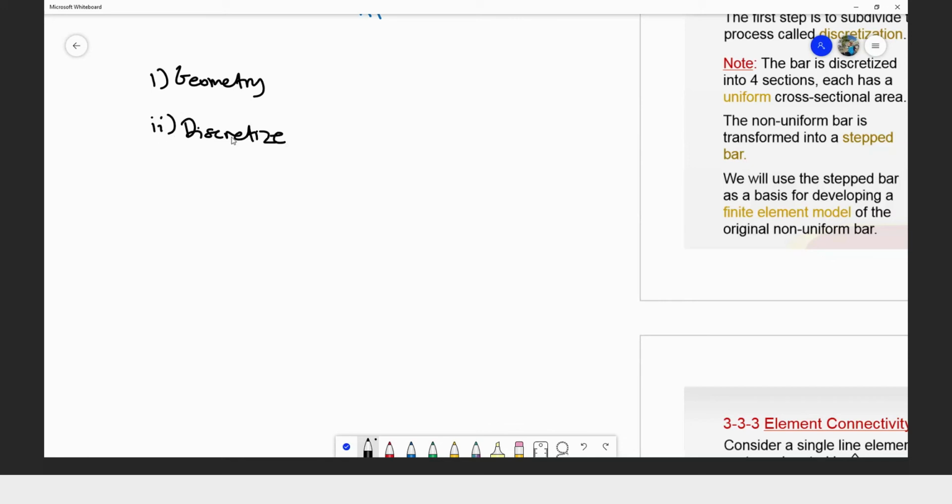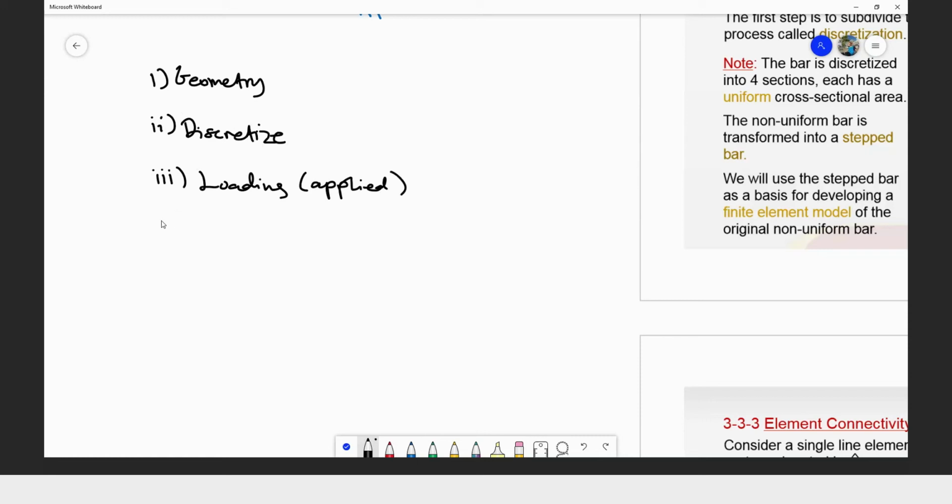And then once we discretize it into smaller elements, we may look at the loading. And then once we understand the loading, apply loads.